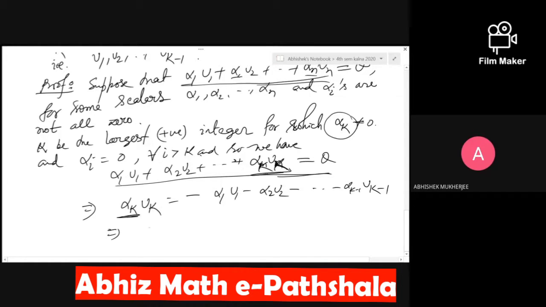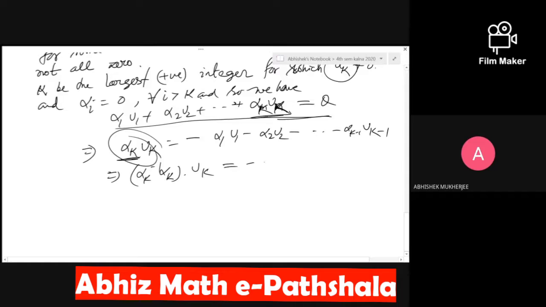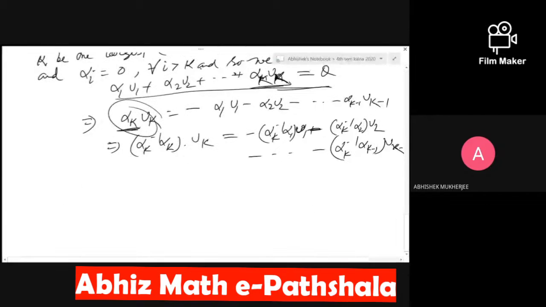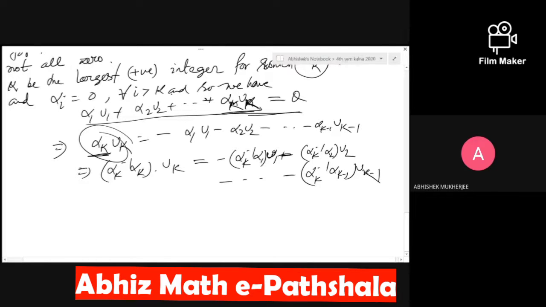Now, since alpha k is non-zero, we may multiply by alpha k inverse scalarly with this vector, and then we have alpha k inverse alpha k bk, and on the right hand side we will have minus alpha k inverse alpha 1 b1 minus alpha k inverse alpha 2 b2 minus alpha k inverse alpha k minus 1 bk minus 1. So this part is 1, and 1 dot bk is bk.